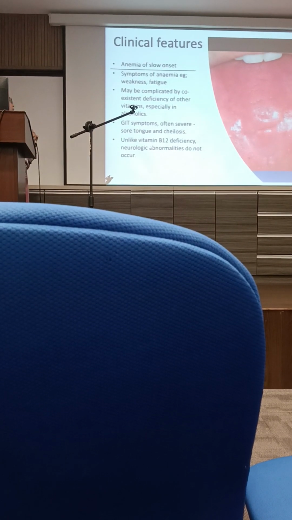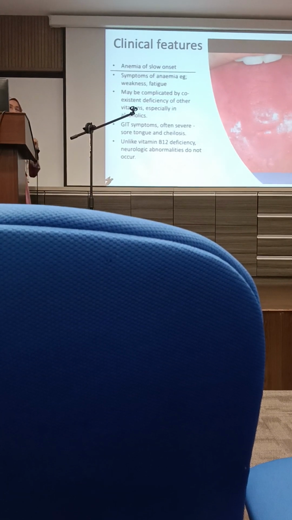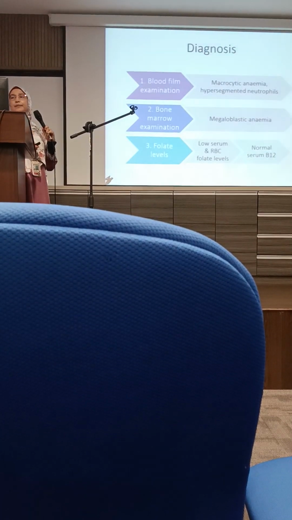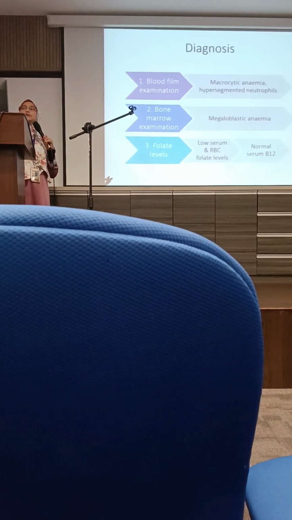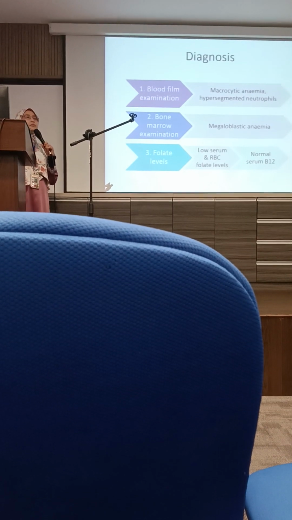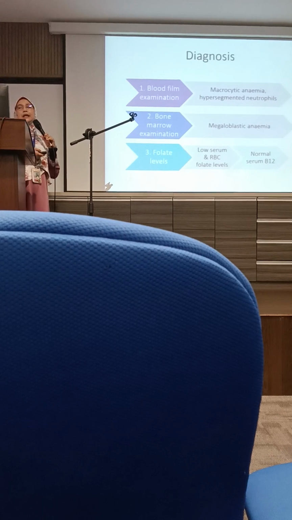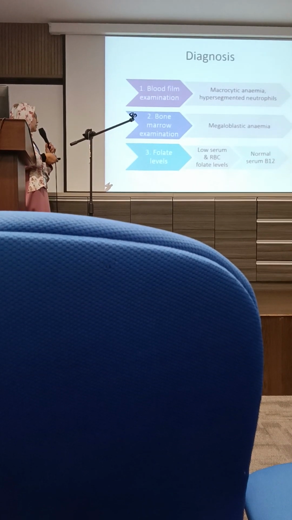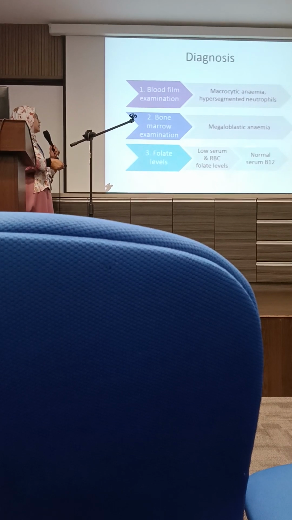And in folate deficiency, they don't have neurological abnormalities. For diagnosis, look at the blood film, macrocytic cells with hypersegmented neutrophils. In the bone marrow, you will see megaloblastic changes, and you have to measure the folate level. It will be low, and usually the B12 is normal.